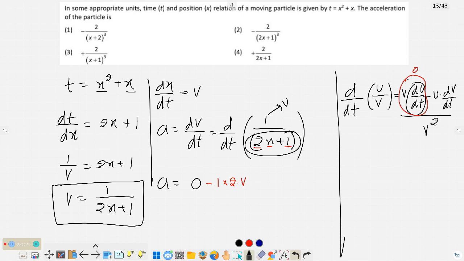So that means 1 into 2 into v, divided by v square.